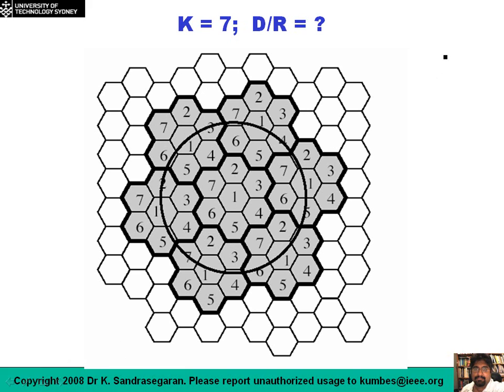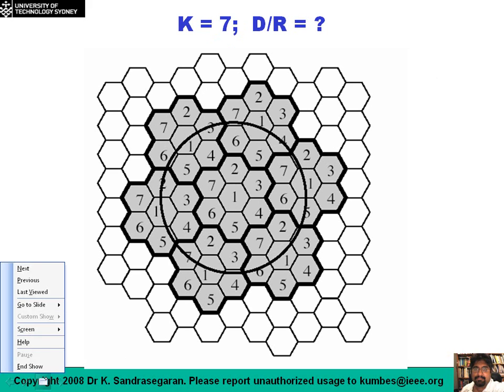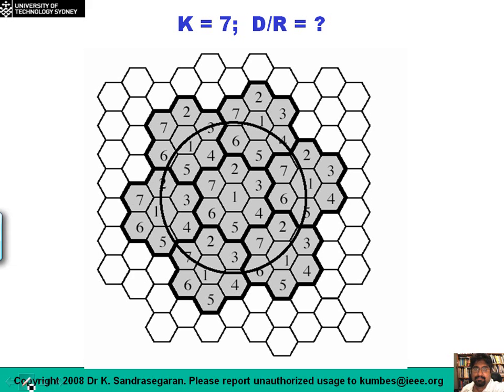Another possibility is to have K equals 7. Here we are using 7 frequencies, labeled 1 to 7, and we are reusing them. The frequency that's used in this cell here is repeated in this cell, this cell, this cell, this cell, this cell, and this cell, and so forth.